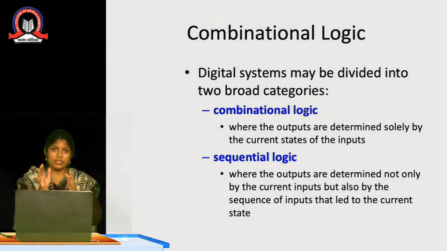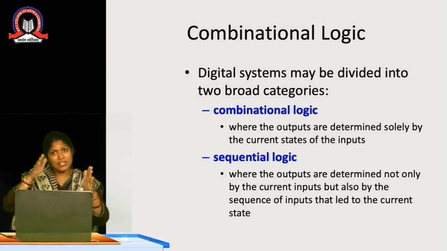These are the most important things, and after this a digital system is classified into two types, combinational and sequential.